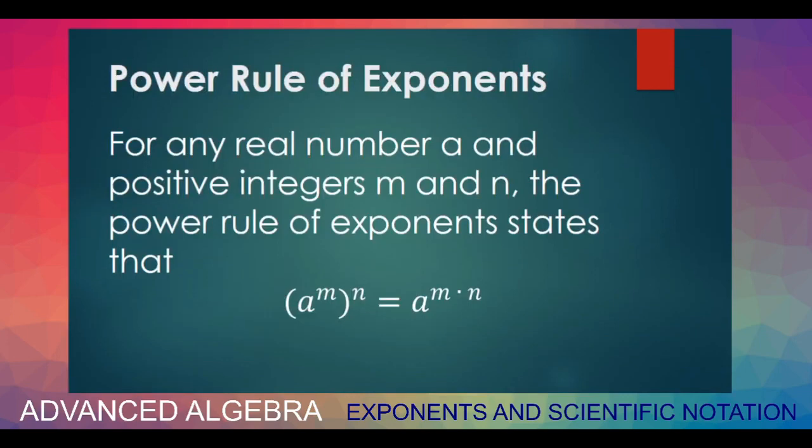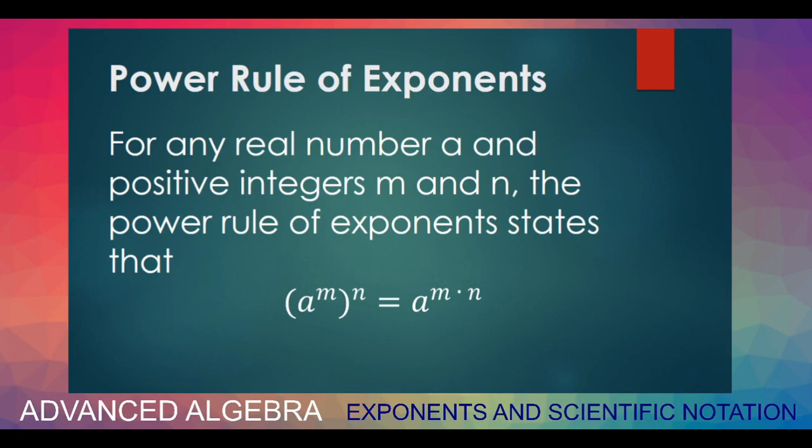Okay? So, power rule of exponents. For any real number a and positive integers m and n, the power rule of exponents states that the quantity of a to the m power, close parenthesis, raised to n power is equal to a to the m times n power. Kapag ganyan ang ating case, pinagmu-multiply pa rin natin yung exponent niya.